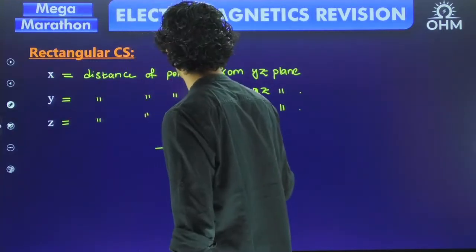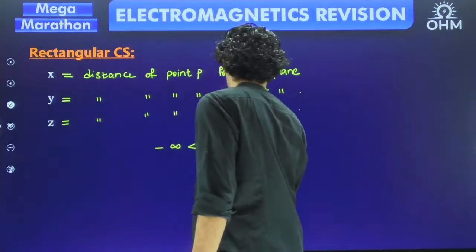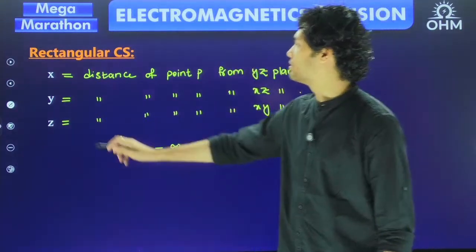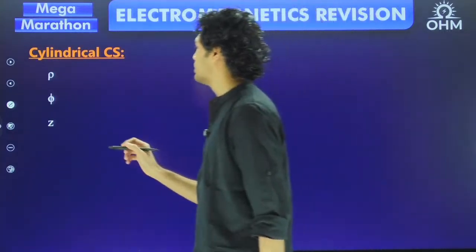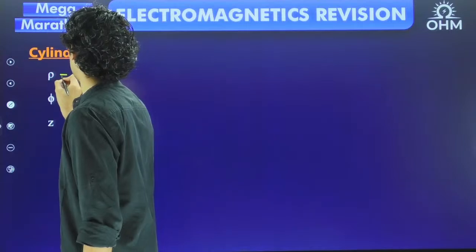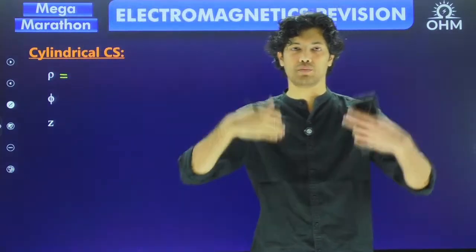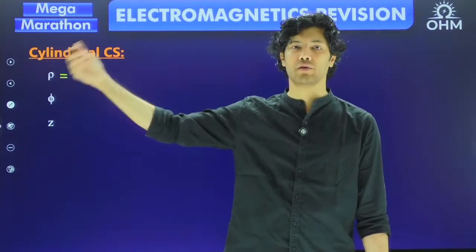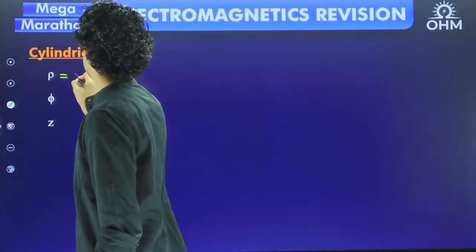From the exam point of view, nowadays at least, most commonly we are getting questions from other coordinate systems. The second one being cylindrical. In the cylindrical coordinate system, rho is the distance of a particular point P from the z axis. Let's assume I am the z axis. Away from me, how much the distance of a particular point is from the z axis corresponds to rho.